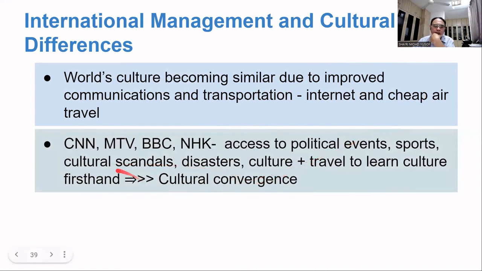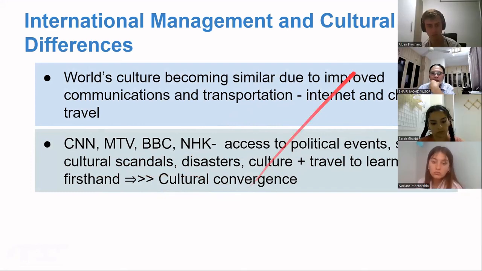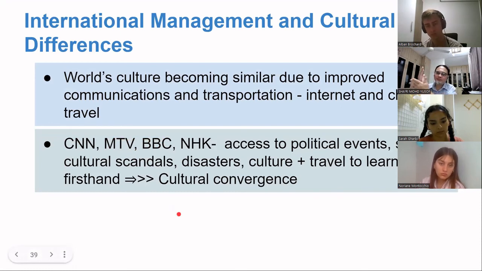But even if you don't have the money, all these channels of television, cable, CNN, MTV, BBC, you name it, you have access to political events, sports, cultural scandals, and we are being molded by one way of thinking. That's why I do not watch BBC or CNN, because they give the same message. So I don't believe in that.